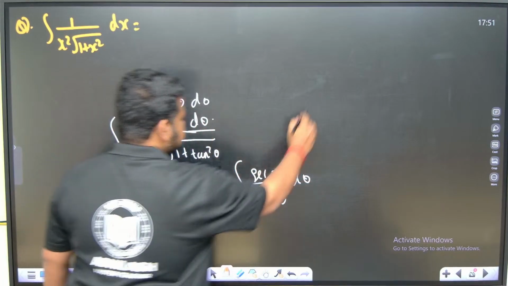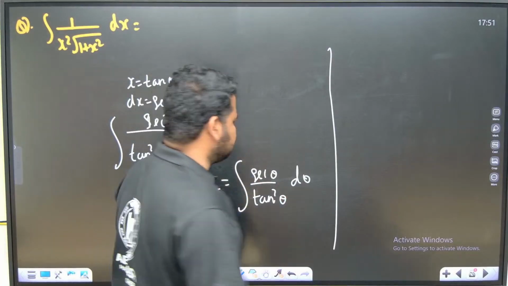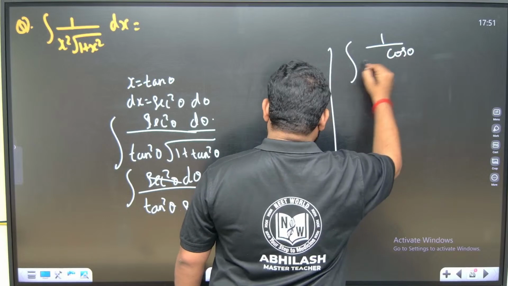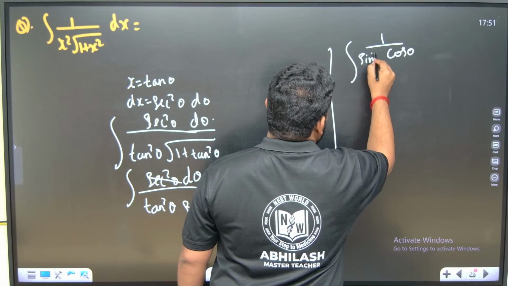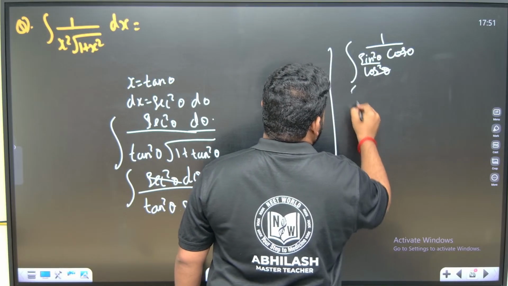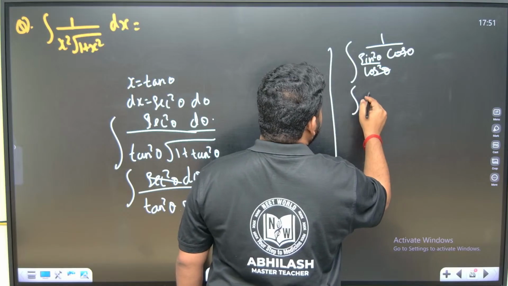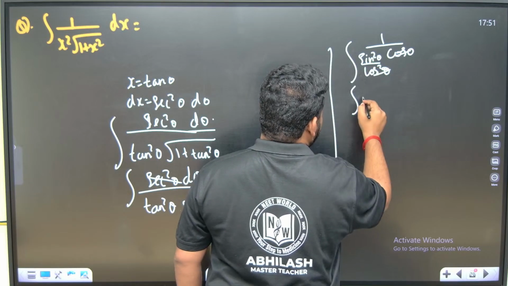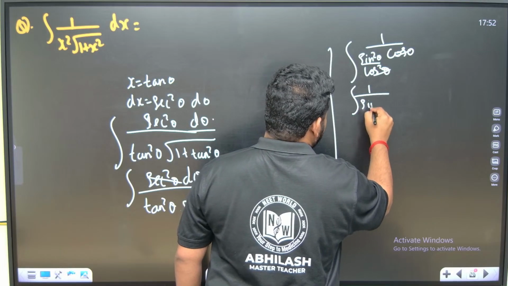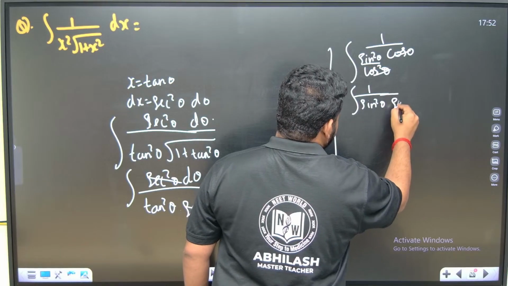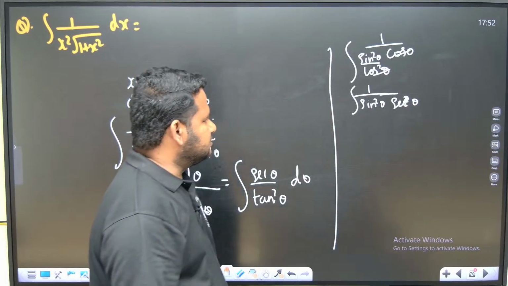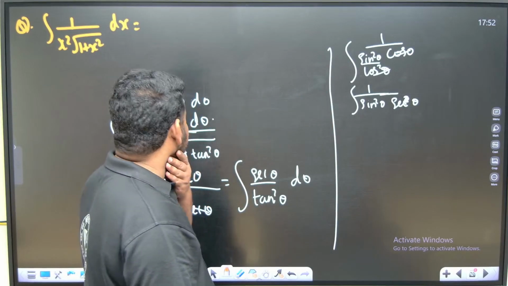Now this secant theta and tan square theta, if I write in terms of sin and cos, will become the integral of 1 by cos theta, and tan square theta I can write as sin square theta by cos square theta. Now cos theta cancels, and I will get 1 by sin square theta into secant theta.